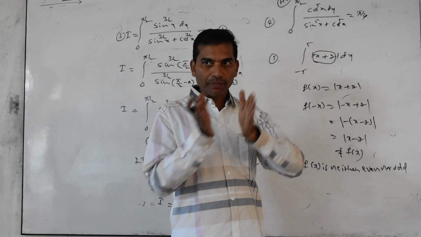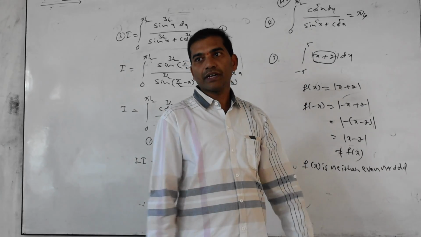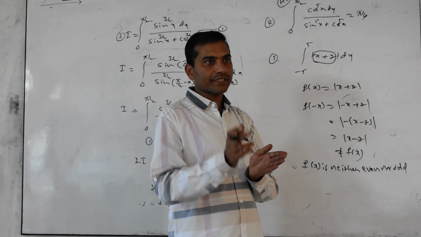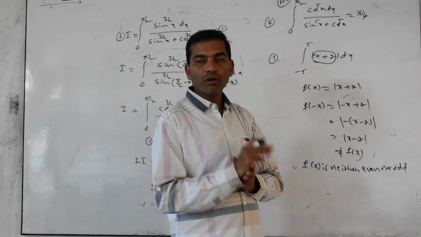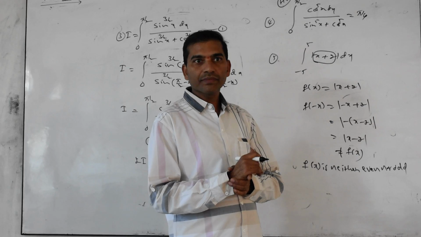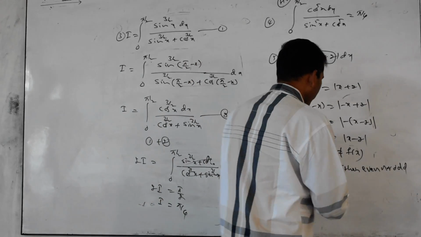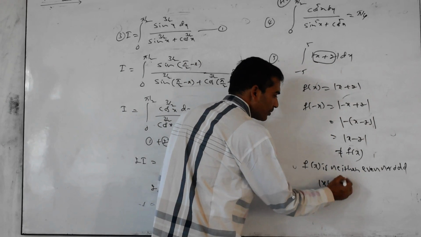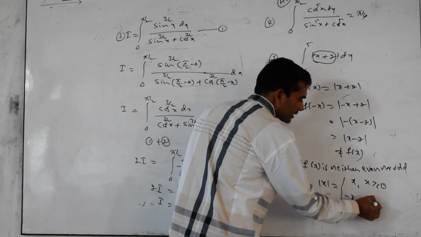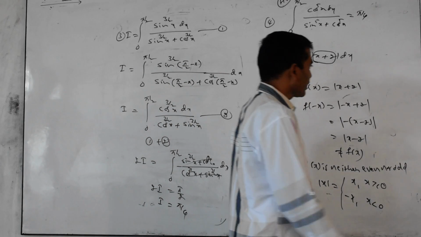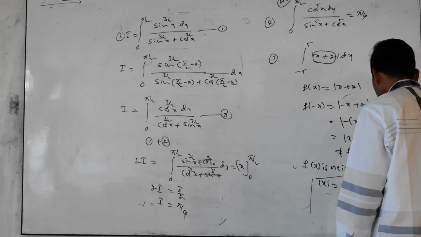Write the negative part separately and the positive part separately, because mod x equals x when x is greater than 0, and mod x equals minus x when x is less than 0. Use this property.